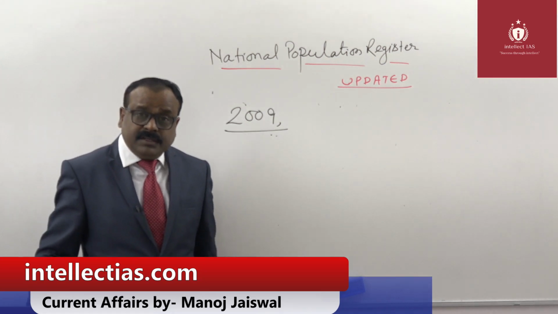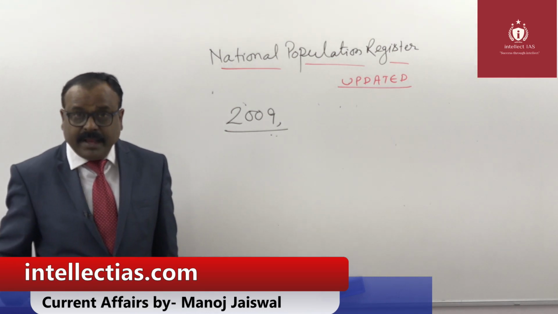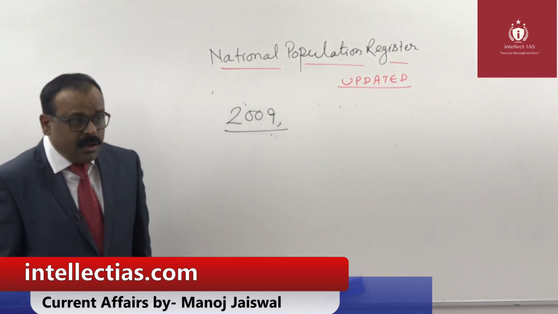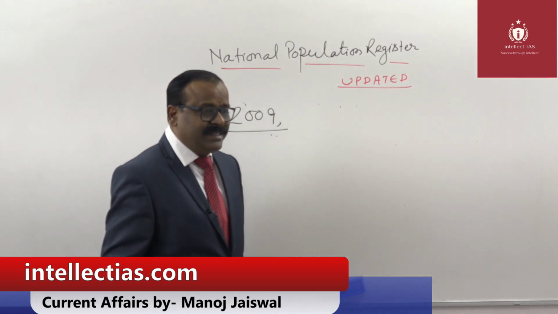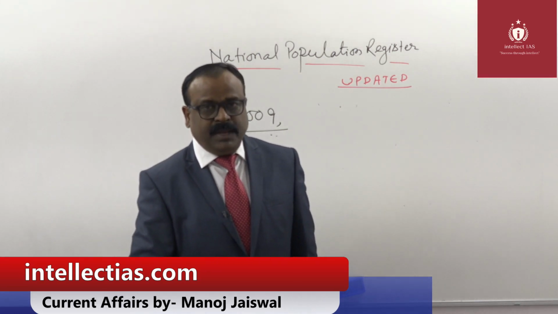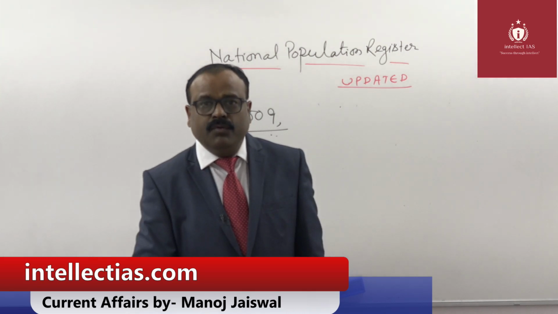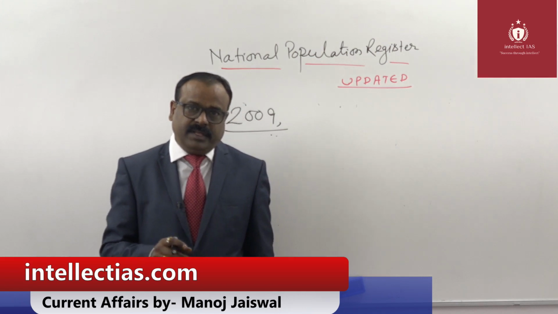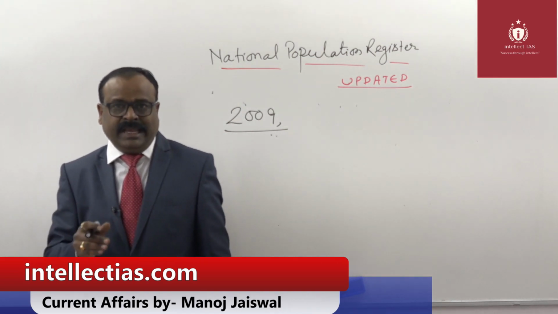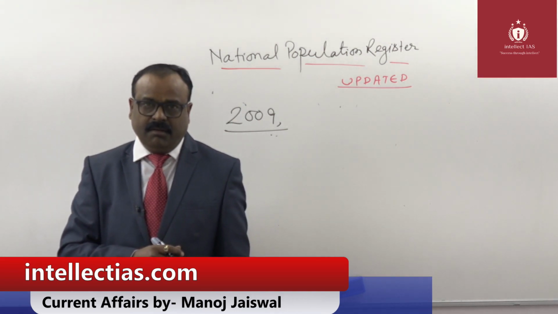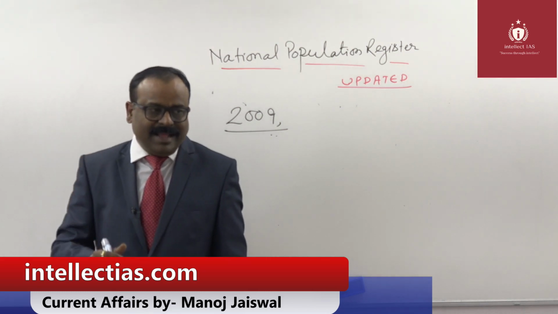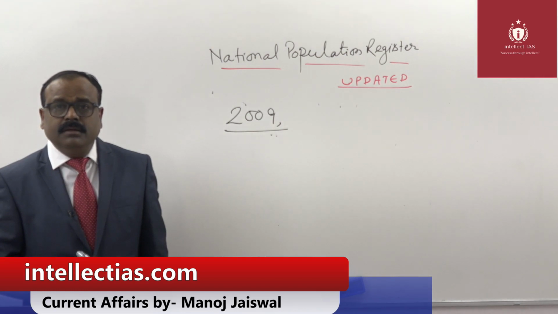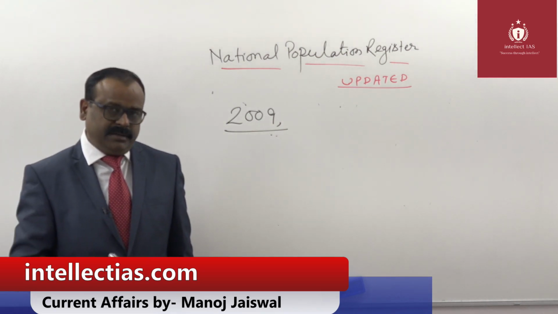But the issue is why there are some controversies. As far as the controversies related to the NPR are concerned, we have discussed some controversies related to NRC and CAA in the previous lecture on citizenship, refugees and illegal migrants.